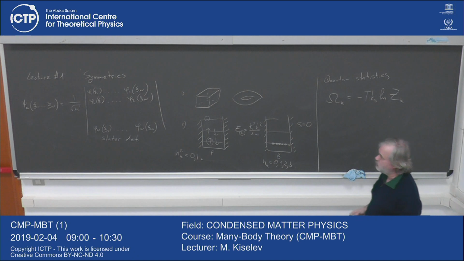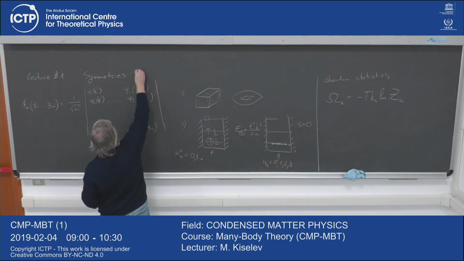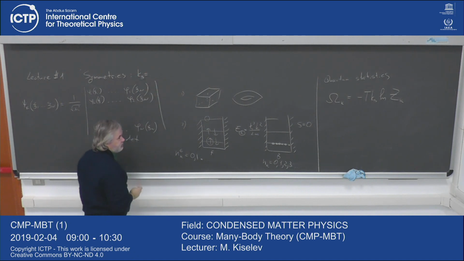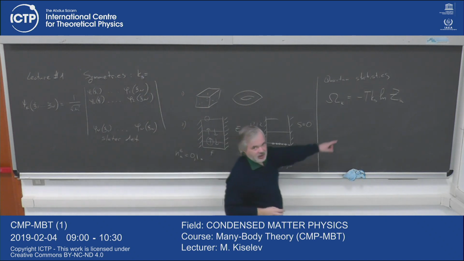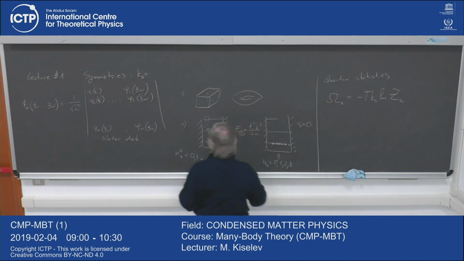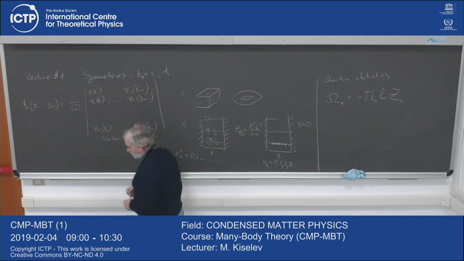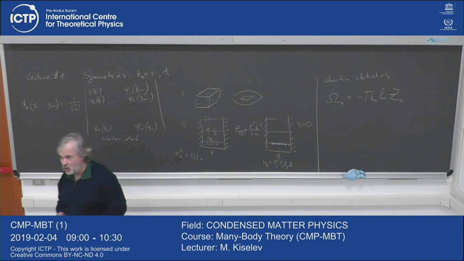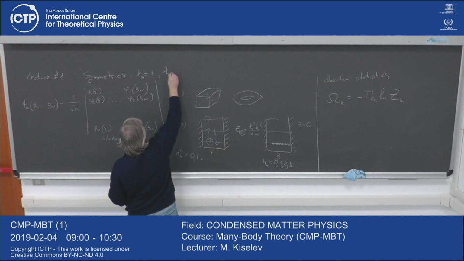So for all future examples, I will assume that the system of units is chosen so that the Boltzmann constant, which converts the temperature into energy units, is equal to 1. I will also assume, whenever I say otherwise, that the Planck constant is also equal to 1.